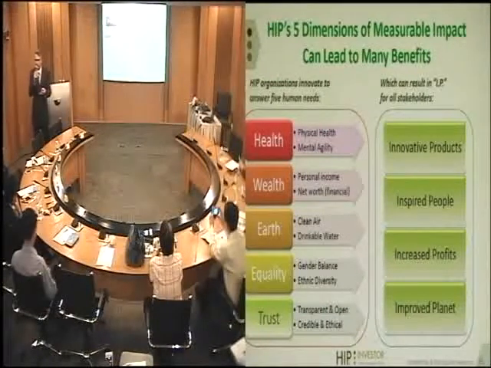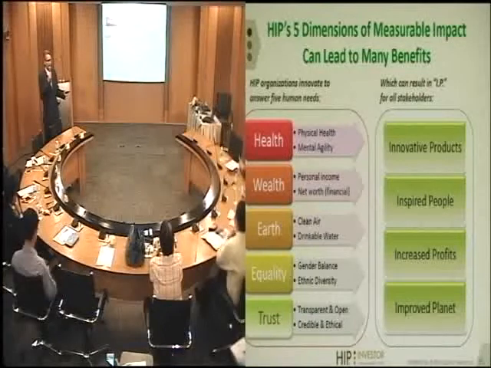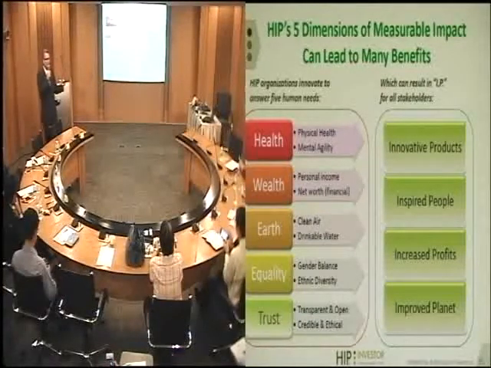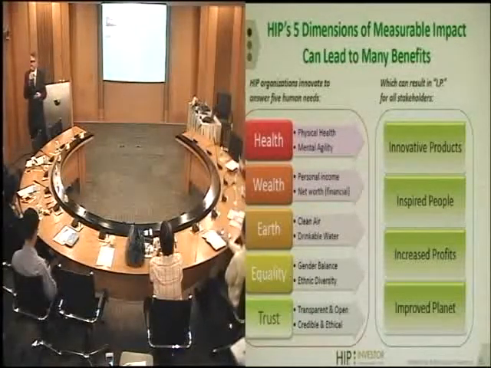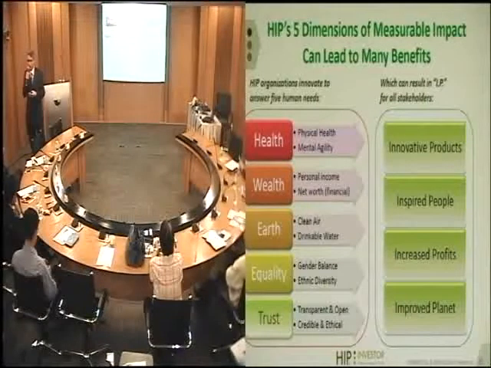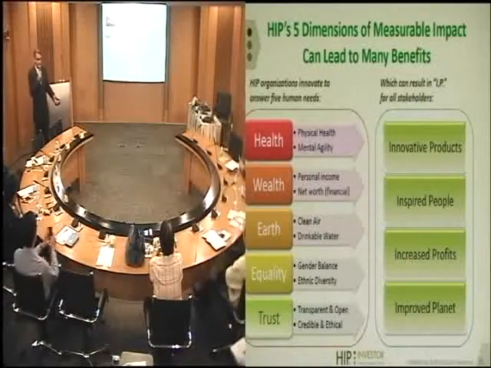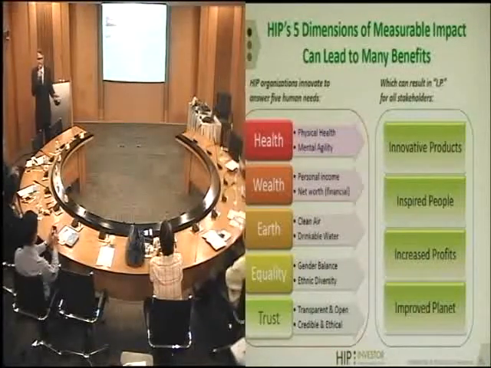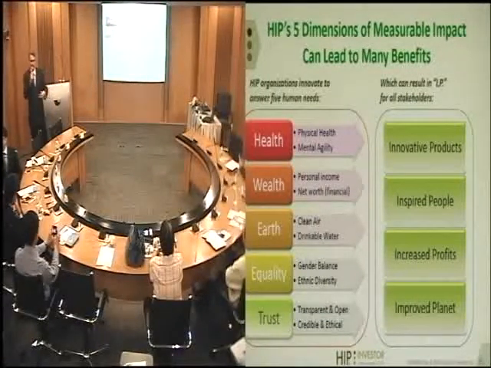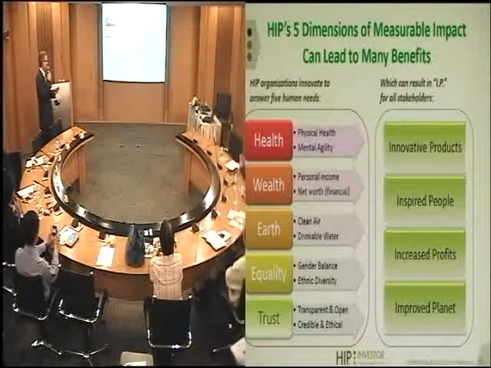If you're in financial services, it's helping your customers make more money to send their kids to school, pay for retirement, take care of parents. In earth, it's about being able to drink clean water, breathe clean air, not walk down the beach with garbage, but actually have a livable environment.